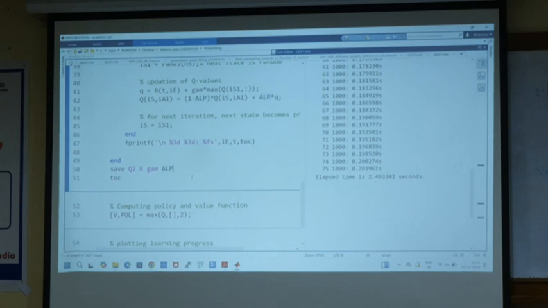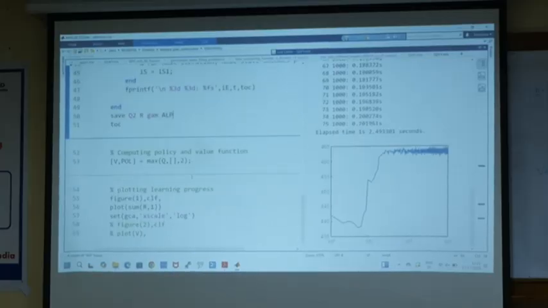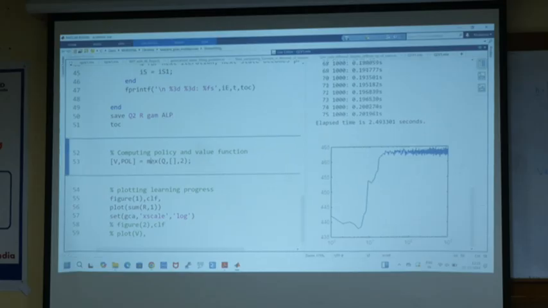So this is where my Q learning will learn, in what state, what action to do. Then I choose the maximum, I maximize the Q because I have to maximize the reward. Q is made up of the reward. That way I will get the policy here, and I can plot the cumulative rewards.